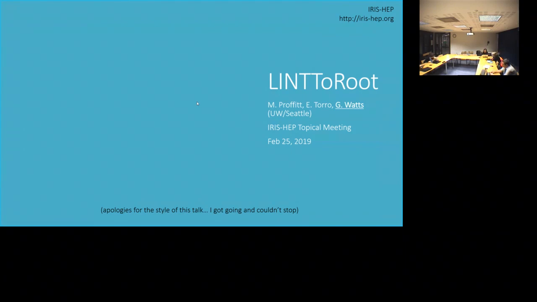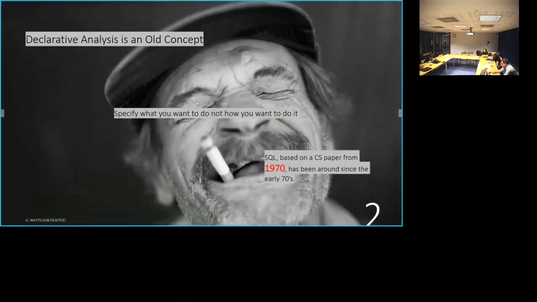I'm talking about a project called LINQ to Root, which is, that's not lint, I misspelled the first T there, it should be a Q. This is a project that's been used in a number of public ATLAS analyses, both papers and conference notes. So you have to excuse the style of this talk. I got started and then I couldn't stop myself. Don't download the PowerPoint, it's huge.